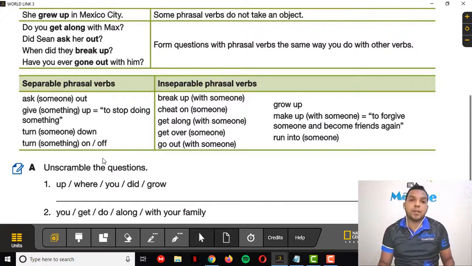So you have to learn actually what the meaning is when you join a preposition like out, in, down, etc. Right? So that is the only thing actually that we have to learn in order to speak using a phrasal verb. This is something you have to practice every day.